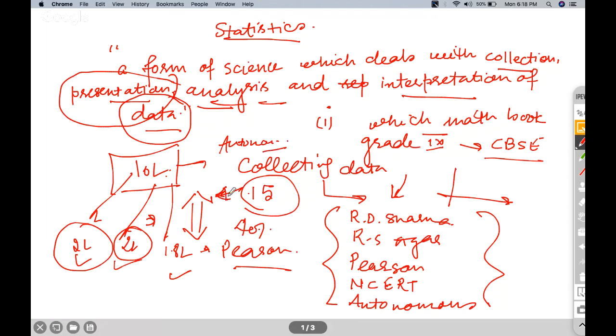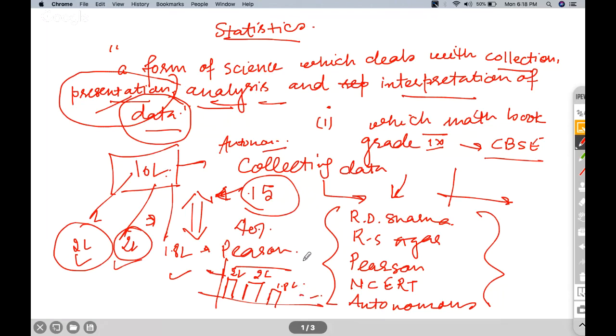Having said that, I'll then have the presentation of data. See here, I made a bar graph of 2 lakhs. This is for R.S. Agarwal. Similarly, I may make a bar graph of 2 lakhs for R.D. Sharma, and 1.8 lakhs for Pearson, and likewise.